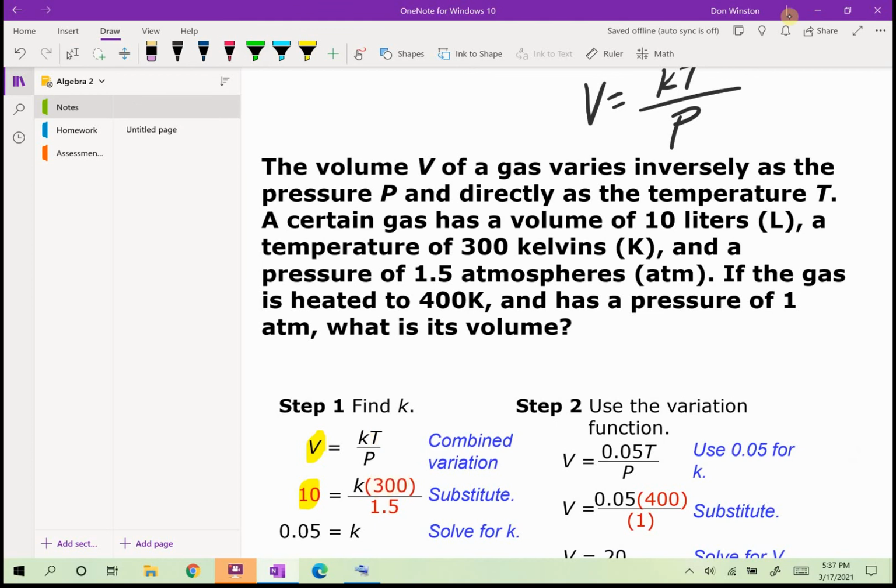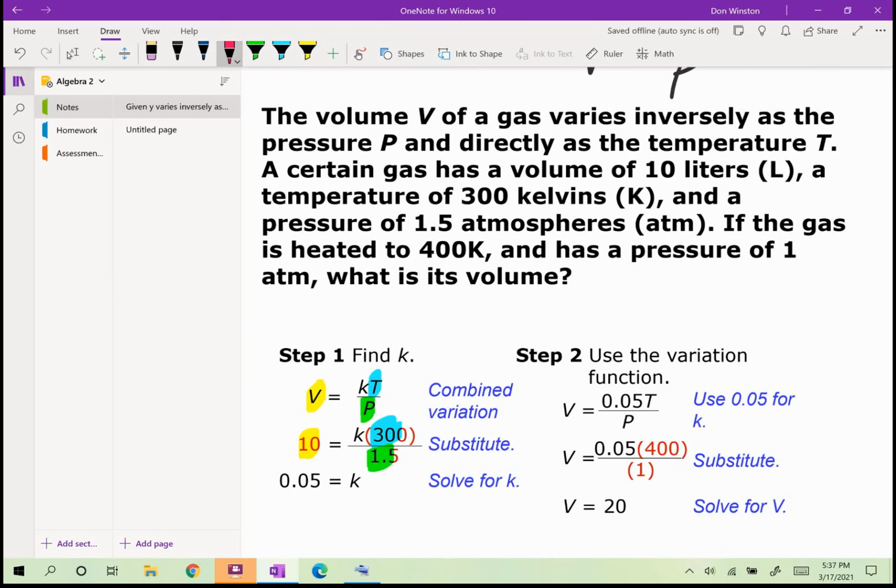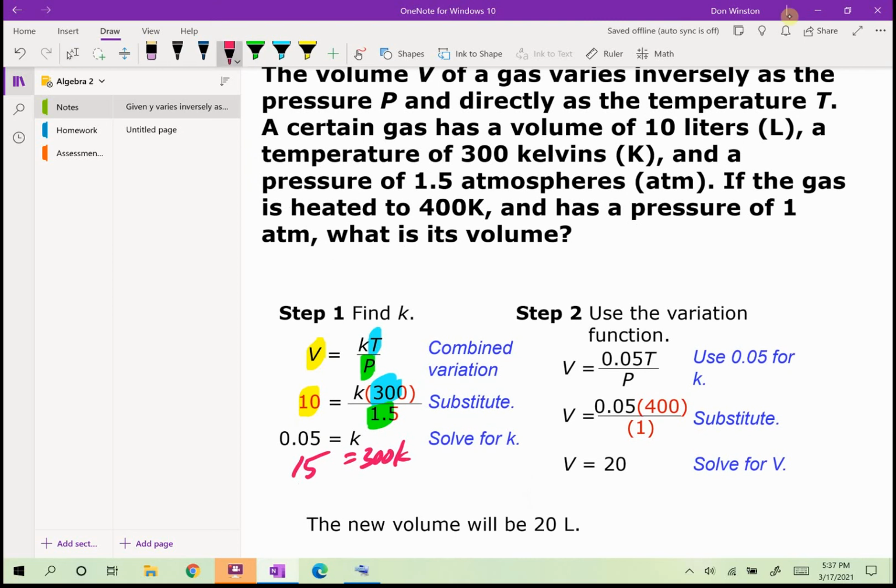So this is the temperature, and then the pressure of 1.5. Solving for K, if I multiply 1.5 by both sides, I get 15 equals 300 K, and then dividing by 300, I would get 0.05 equals K.